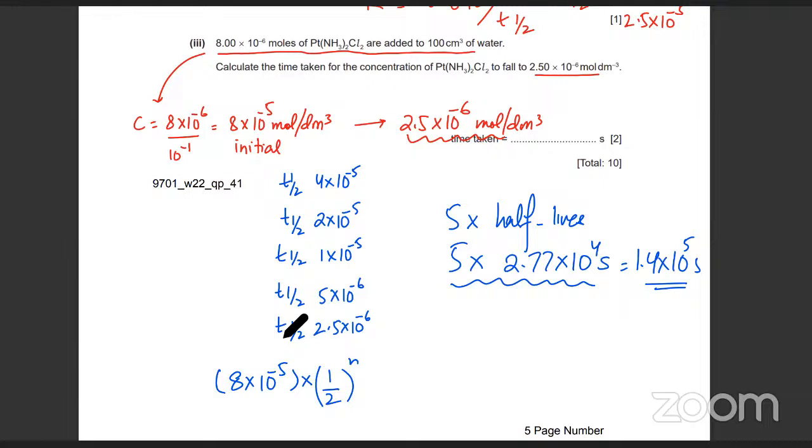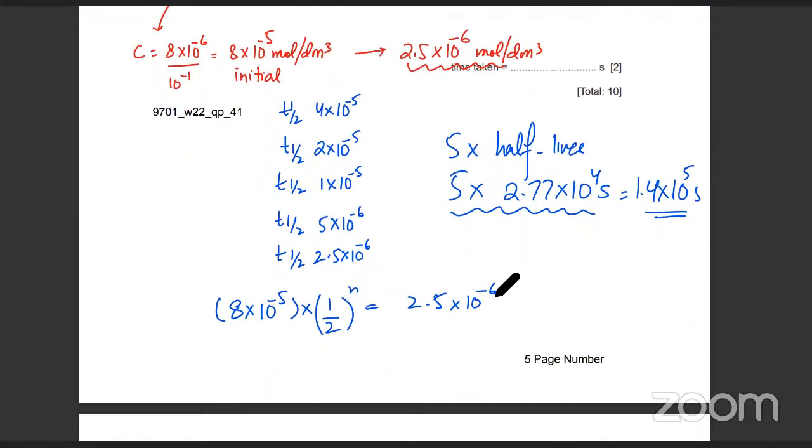First half-life, it's going to multiply by half. Second half-life, it's going to be multiplied by half 2 times, right? And the final answer should come out to be 2.5 times 10 power minus 6. That's your final concentration. So that's your formula: you start off with your initial concentration, then how many half-lives, and then the final concentration that you're looking for.